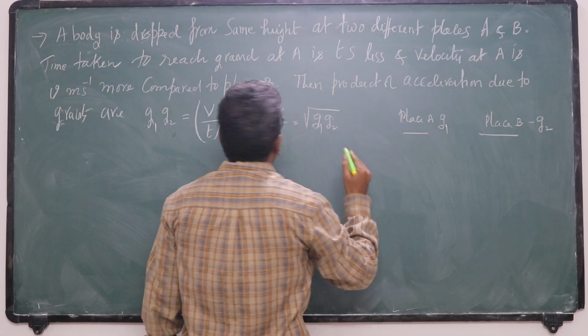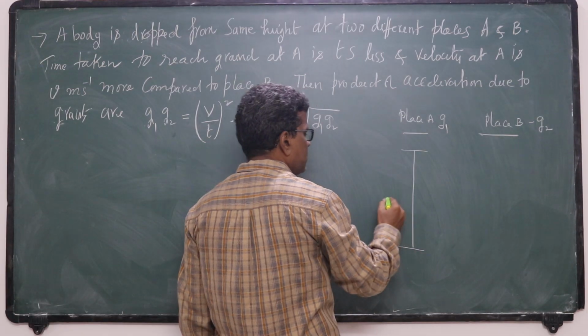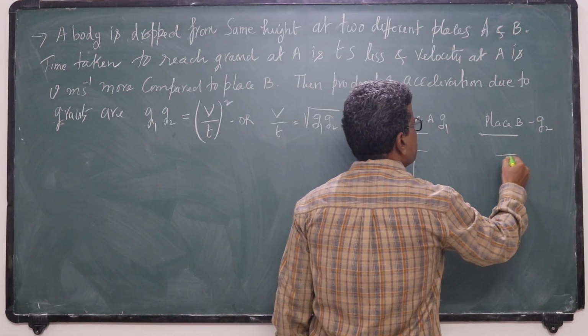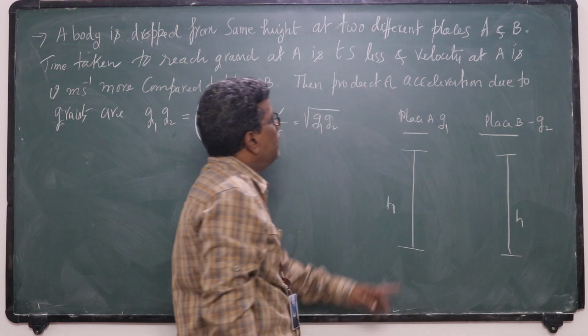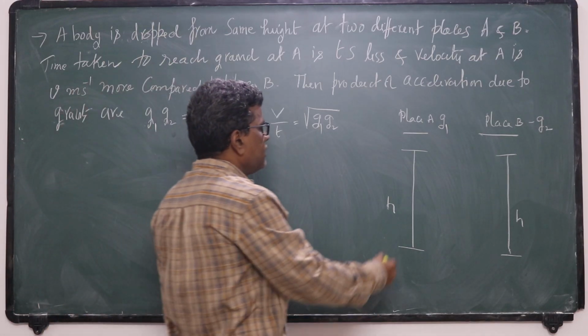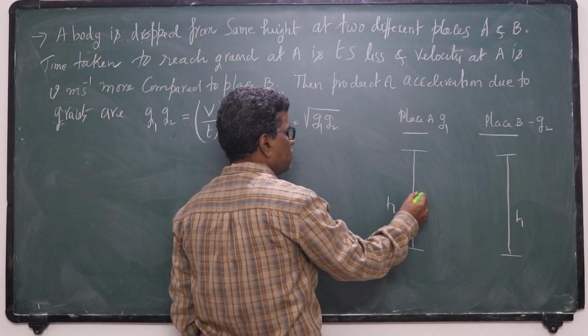So here at both places you dropped from same height, same height h. At place A, it takes t seconds less. So here it will take a time t1 seconds to reach the ground.